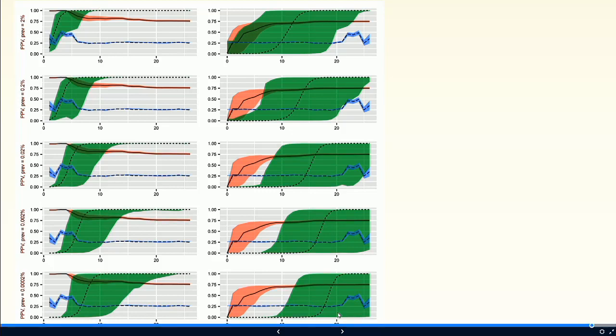Up at the top, with the prevalence of 2%, we can get away with as few as 5 biomarkers, maybe 4.